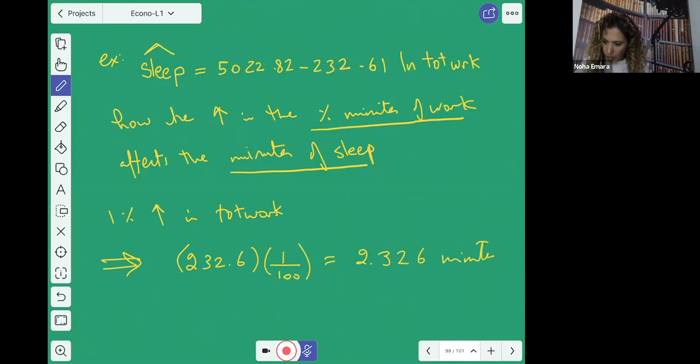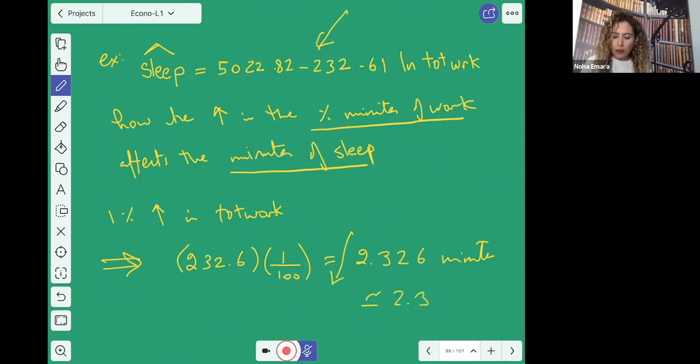Remember, the sign is negative. So a 1% increase in total work means sleeping minutes decrease by 2.326, or you can approximate and say 2.3 minutes.